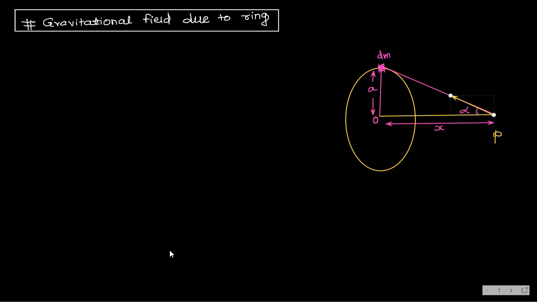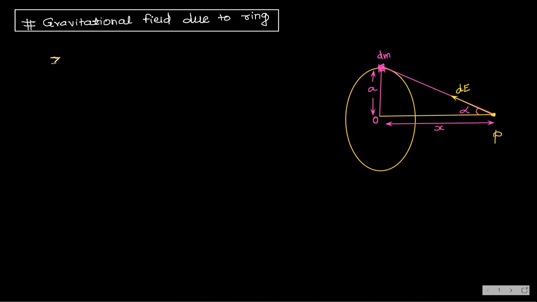So here, this is dE. Why dE? Because it is due to small mass dm, and it is always directing towards the mass. Agree with me, everyone? Any doubt?